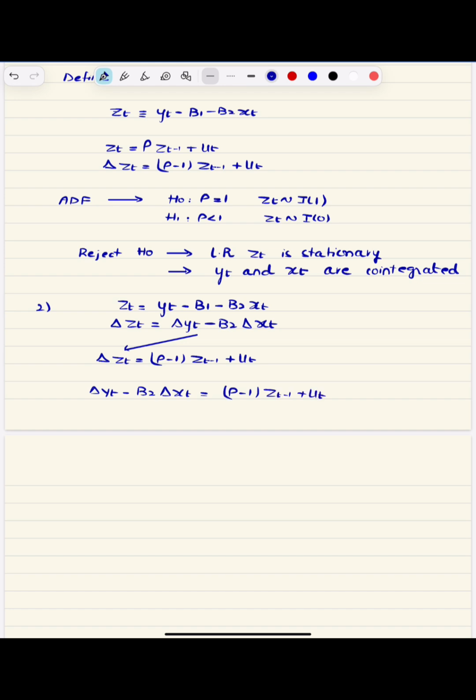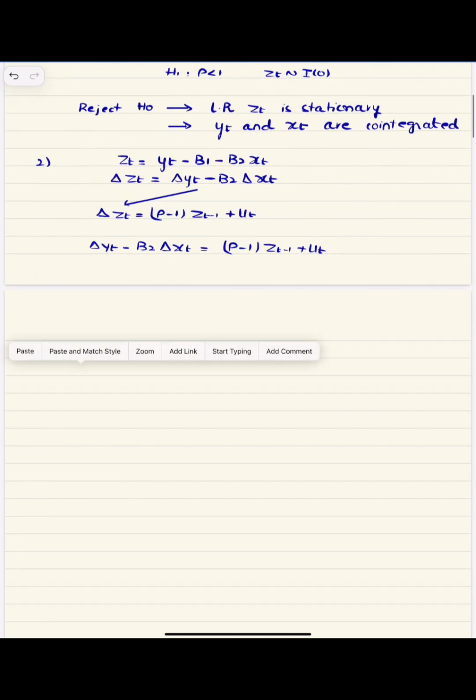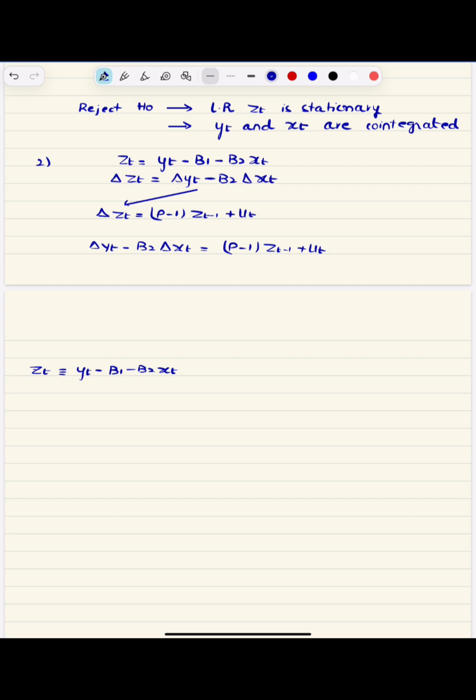Where zt was equal to this. If zt is equal to this, if I lag it one period behind, then I'll get the value of zt minus 1, because I want to eliminate this expression. So zt minus 1 will be yt minus 1 minus beta 1 minus beta 2 xt minus 1.